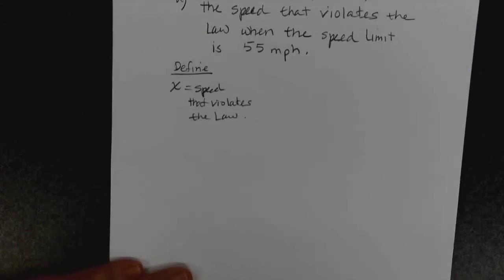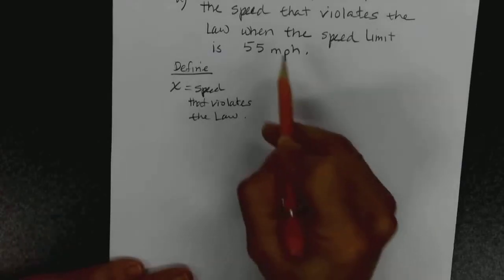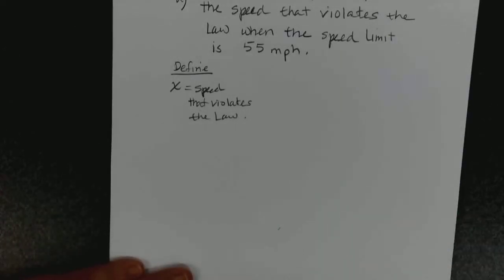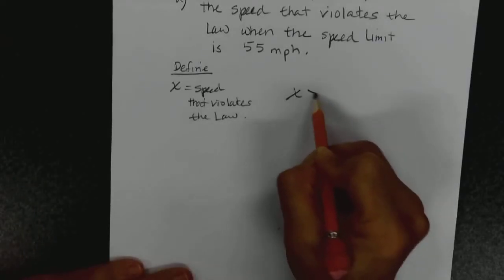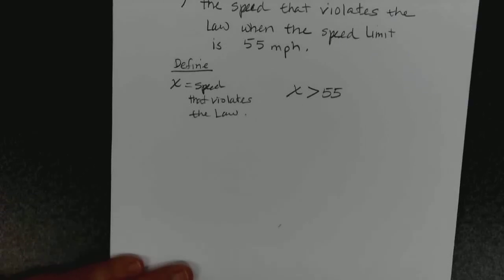Anybody want to write the inequality for me? If X represents the speed that violates the law and the speed limit is 55 miles per hour, what will violate? Yes, Natalie. X is greater than 55. So anything greater than 55 would violate, right?